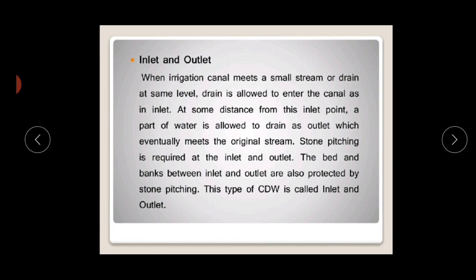Such a structure is generally adopted when the drainage discharge is small and the drainage crosses the canal with its bed level equal to or slightly higher than the canal FSL, that is, full supply level. Thus, in an inlet, the drainage water is simply allowed into the canal.